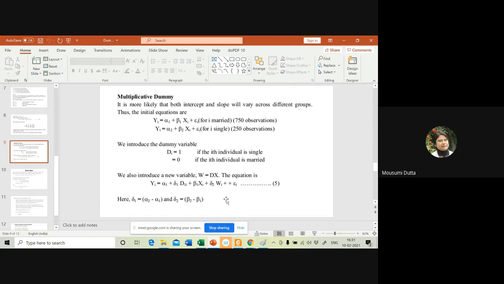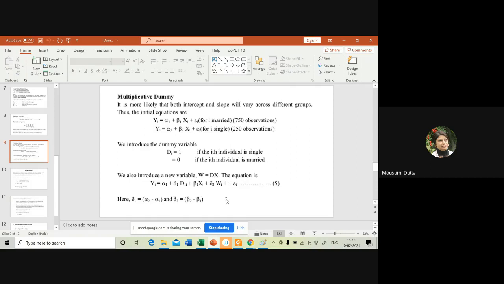Then set di is equal to 1 in the following structure. di is equal to 1. The equation becomes yi is equal to alpha 1 plus delta 1 plus, within bracket, beta 1 plus delta 2 into xi plus epsilon i, because wi is equal to xi when d is equal to 1.